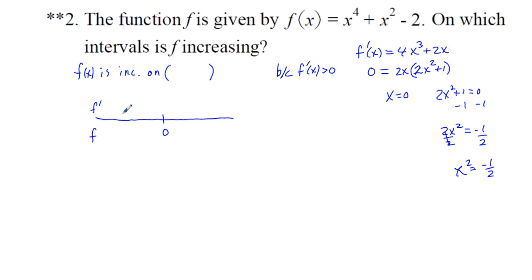So we have a negative times a positive, decreasing. And then to the right of 0, we have a positive times a positive, so we are increasing. So we will say increasing on 0, comma, infinity. Why? Because f prime of x is greater than 0, and that's it.